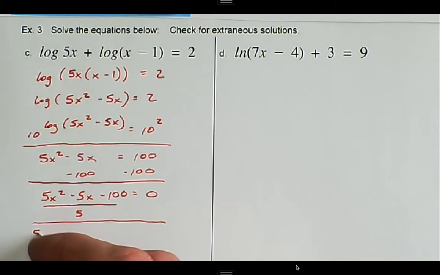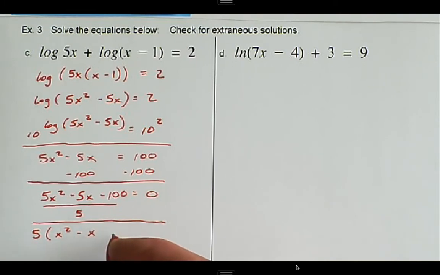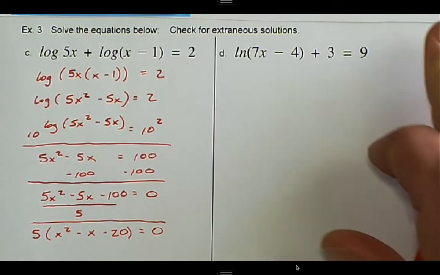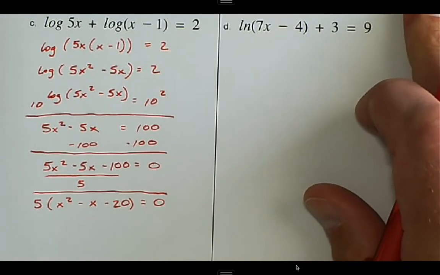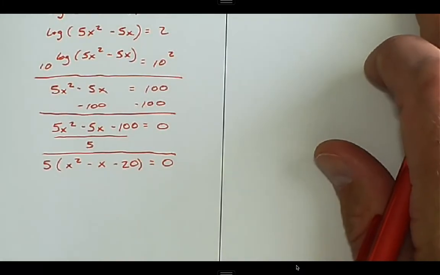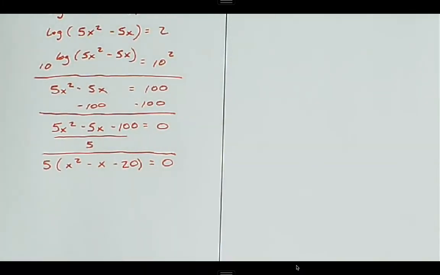And so we get 5 times x squared minus x minus 20. And now we can factor this.